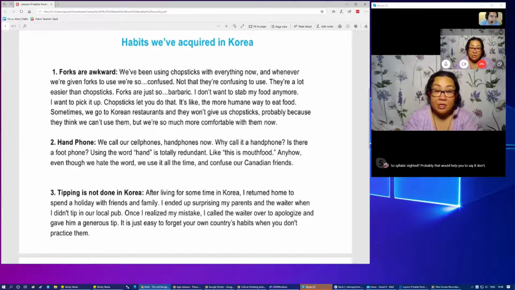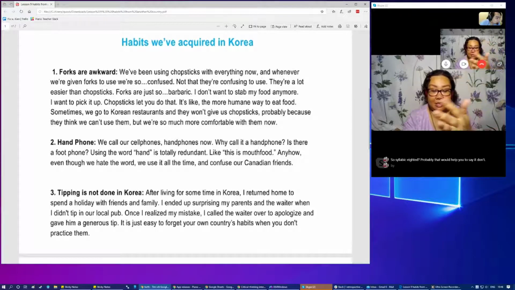Don't try to say words that are hard to say by saying them all together. Syllabicate it. Probably. Properly. Because they think we can't use them, but we are so much more comfortable with them now. As I mean, chopsticks.